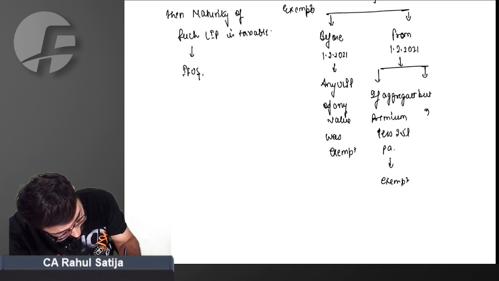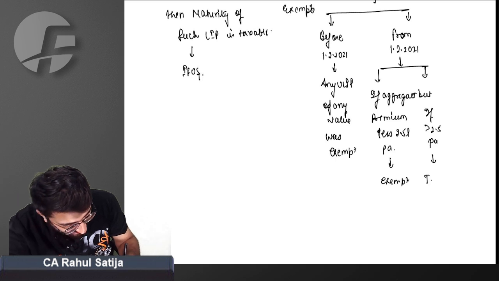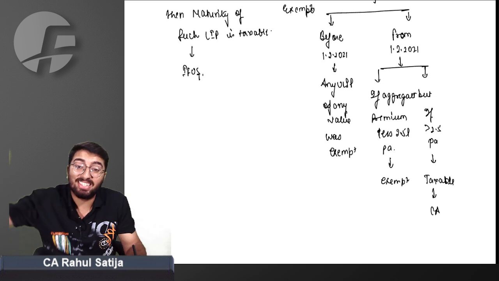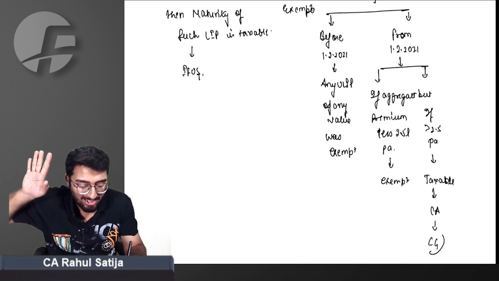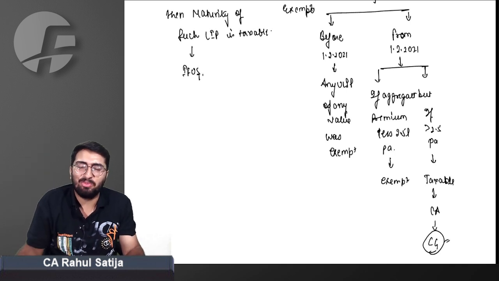But if greater than 2.5 lakh per annum, then it will be considered a capital asset, as we said in the definition of capital asset, and it will be taxable under the head capital gain. Did you get this point or not?